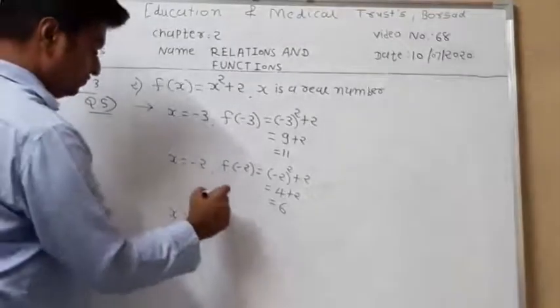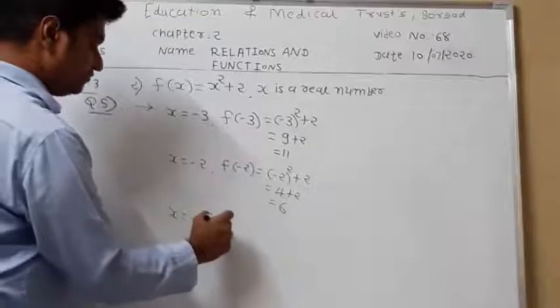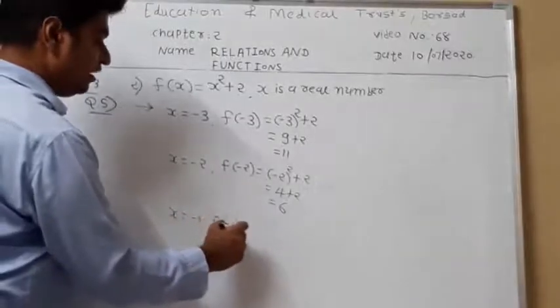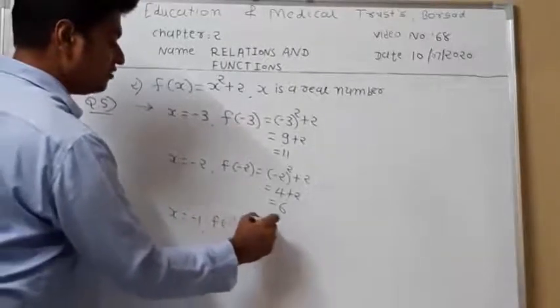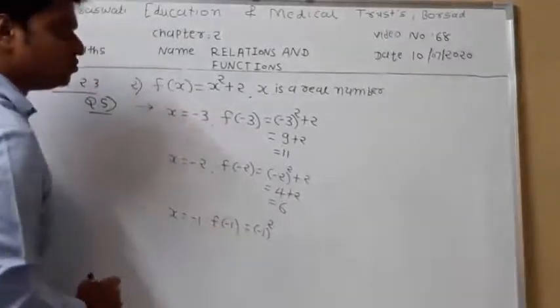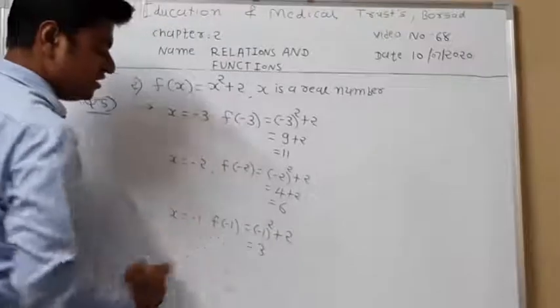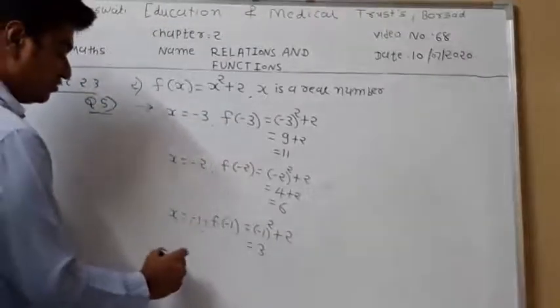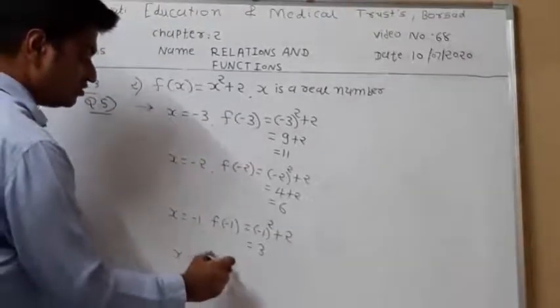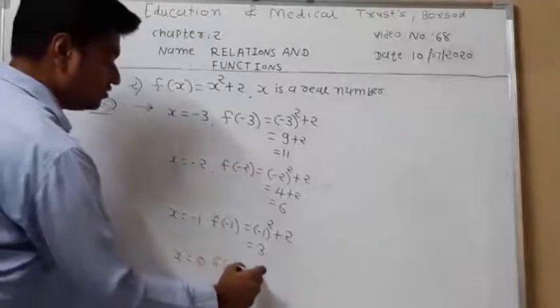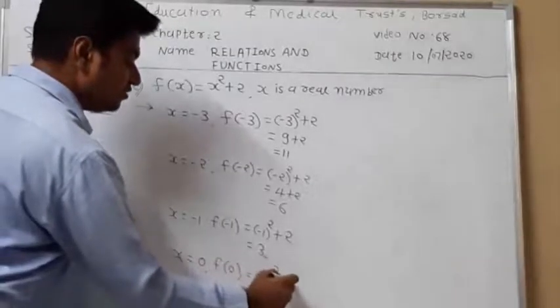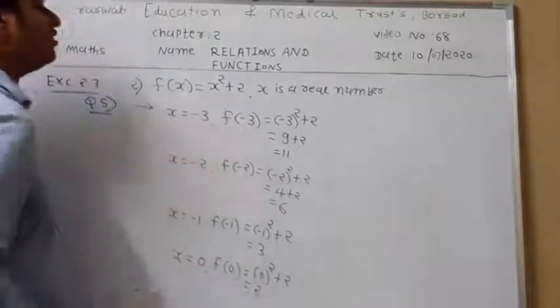So f of minus 1 is equal to minus 1 whole square plus 2, that means 3. Consider x is equal to 0. So f of 0 is equal to 0 whole square plus 2, that means 2.